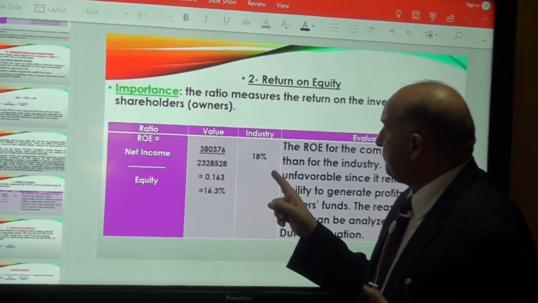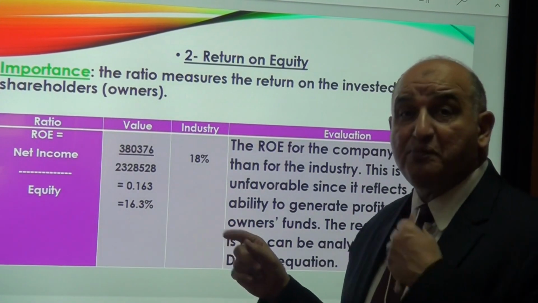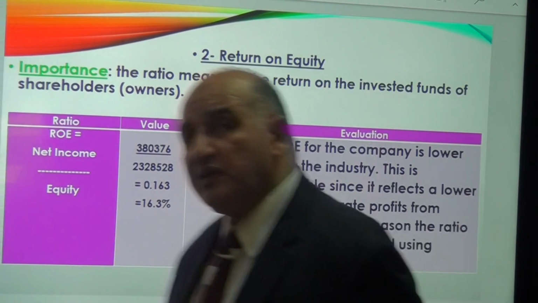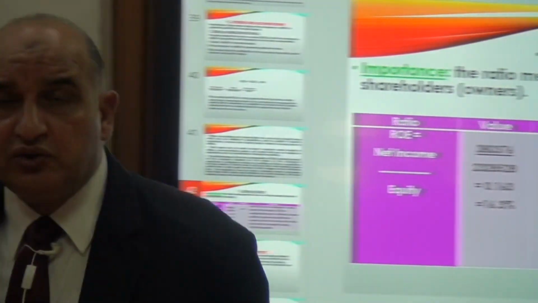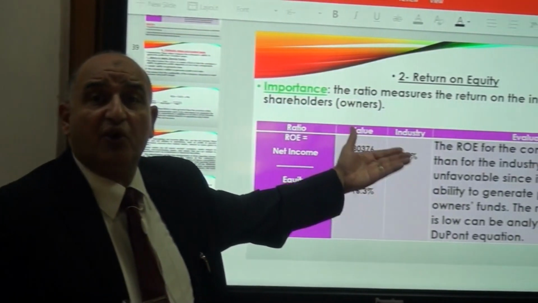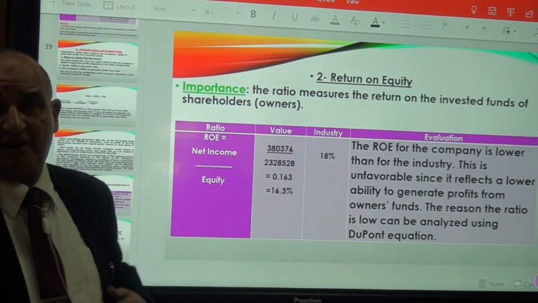At the same time, in the industry, our competitors, each $100 contributed by the owner generates $18. So our company gave our owners a compensation lower than what they receive from the other companies.